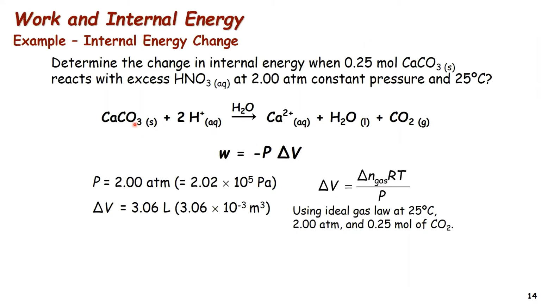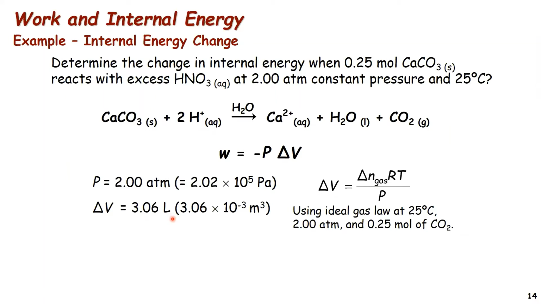Therefore, 0.25 moles of gas are being produced. So I'm going to plug in here 0.25. The molar gas constant is 0.082058 atmosphere liter per Kelvin per mole. The temperature has to be changed to Kelvin, so we're going to add 273.15, so this will be 298.15 Kelvin, and we'll use the 2 atmospheres. Okay, so that's going to result in 3.06 liters.